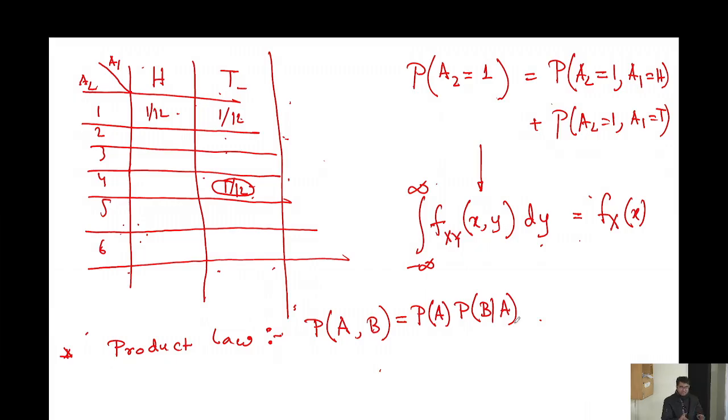Now, this is only two variables. If I generalize it, it will be probability of x1, x2, x3, ... xn. So I have n variables, right?